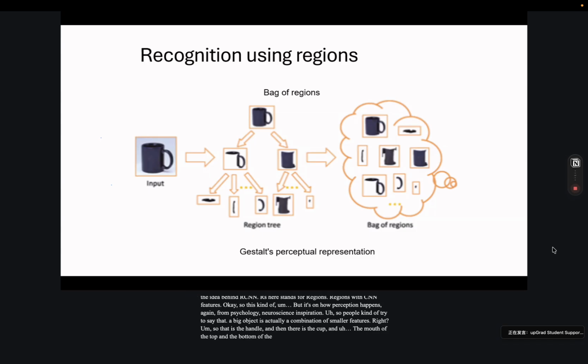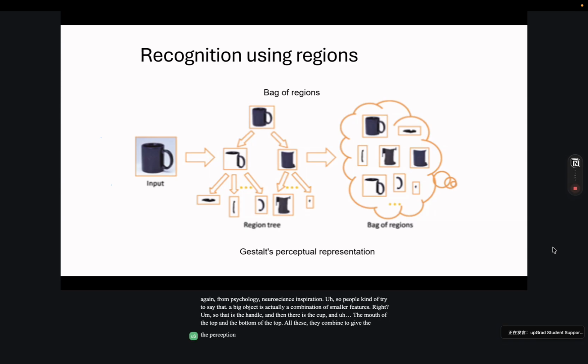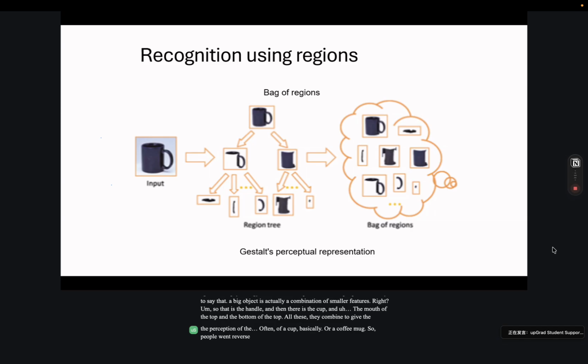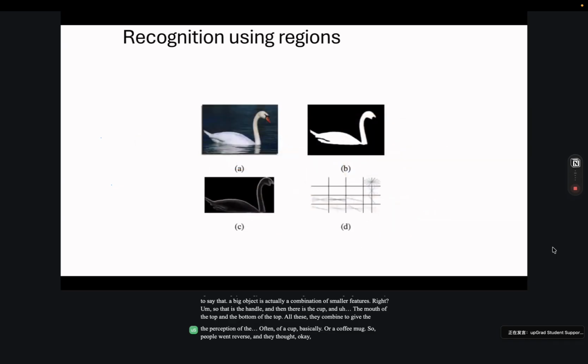All these combine to give the perception of a cup, basically, or a coffee mug. So people went in reverse and thought, okay, let the algorithm recognize regions which have the potential to have features, right?